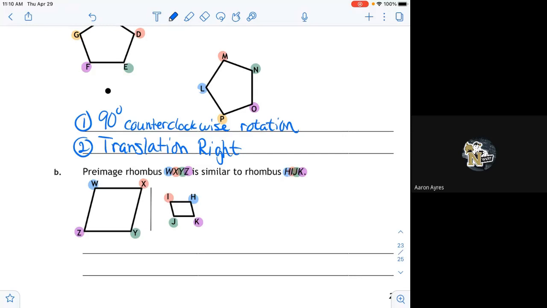And then if I dilate it, A prime, which was 2, -1, going up by scale factor 2 becomes 4, -2. You just multiply everything by 2. So that would put me right there.